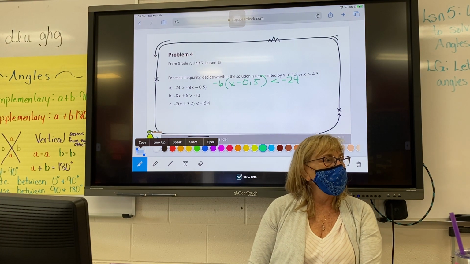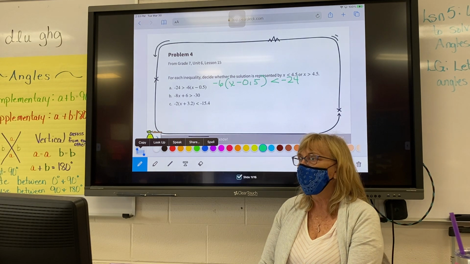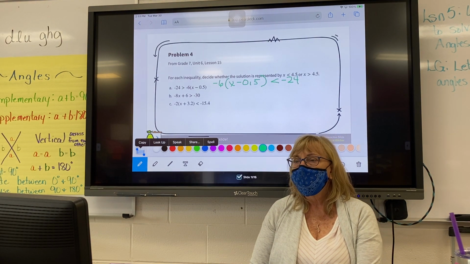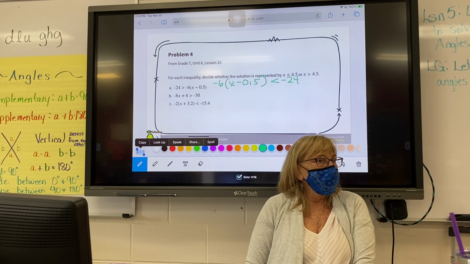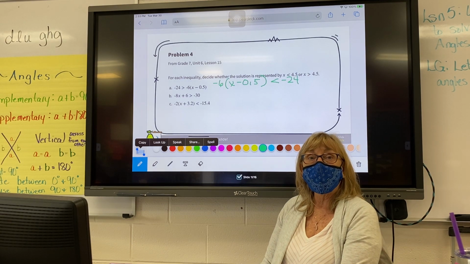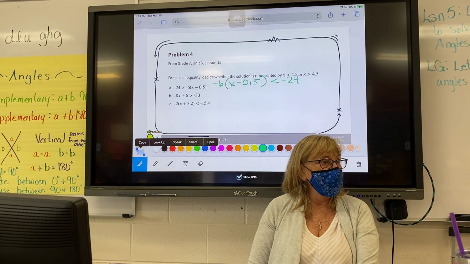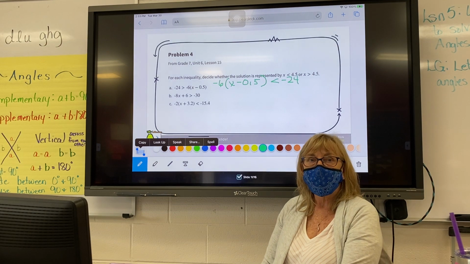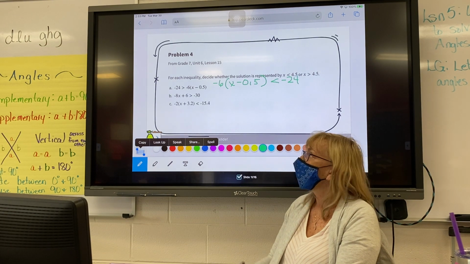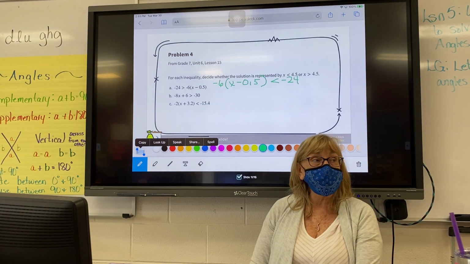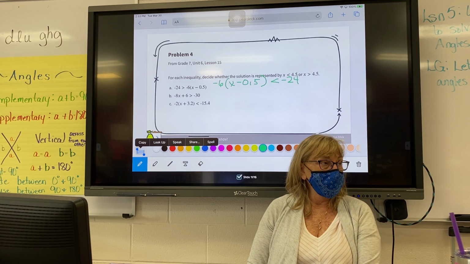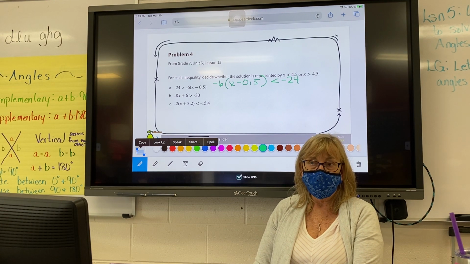What makes the sign flip when we're doing inequalities? If you're dividing by a negative. If you're dividing or multiplying by a negative, and that shows up where in the equation? That is your coefficient. Remember what a coefficient is?